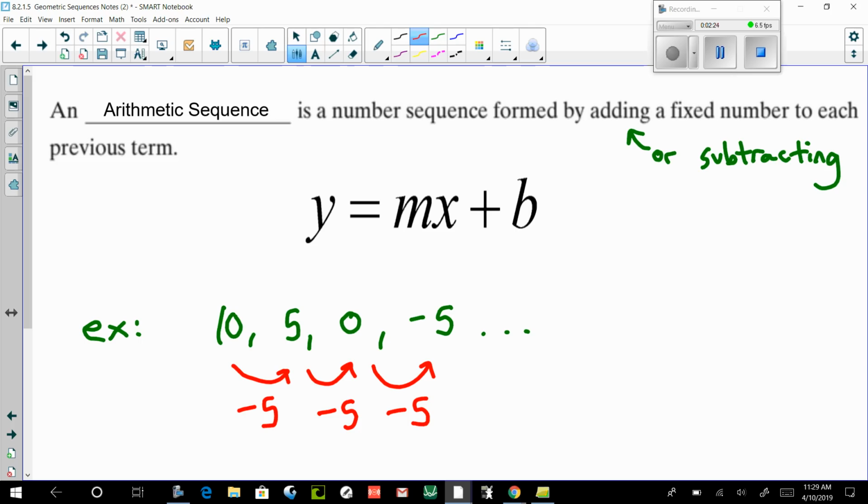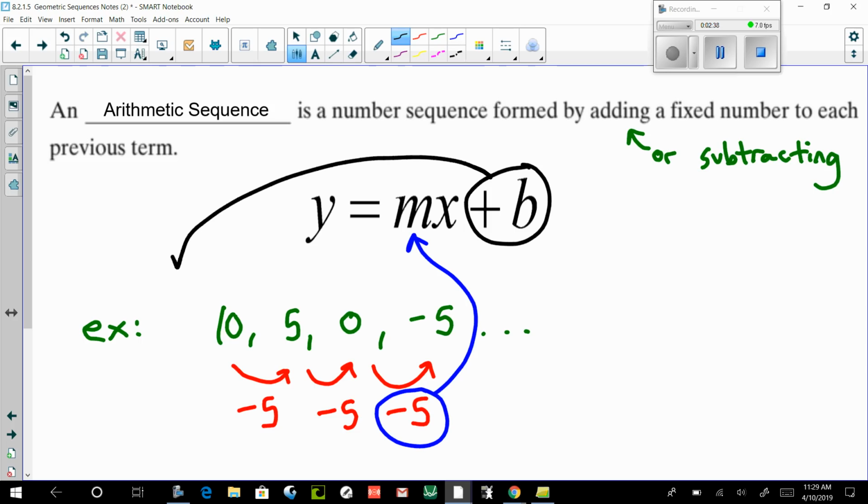This value right here, negative 5, is referred to as the common difference, and it can be plugged into this equation for m. b is considered the zero term, and the zero term of a sequence is the term that would come before the first term. So in this sequence, the zero term is going to end up being 15.